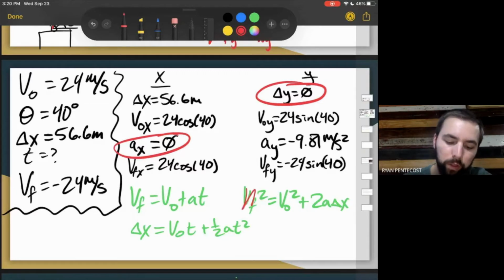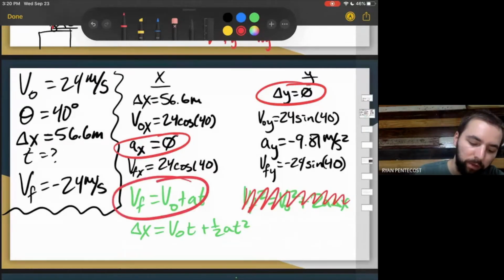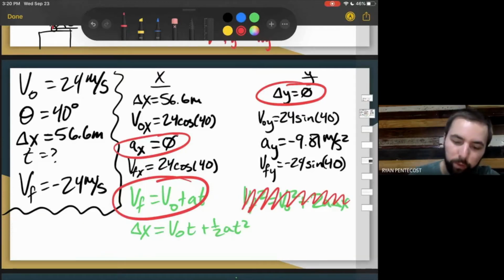So if we use this equation in the x, that would give us V final minus V naught over A equals t, but this would be a 0, and then it all blows up. So we don't want to do that, right?